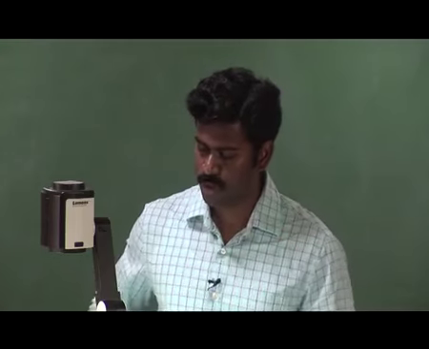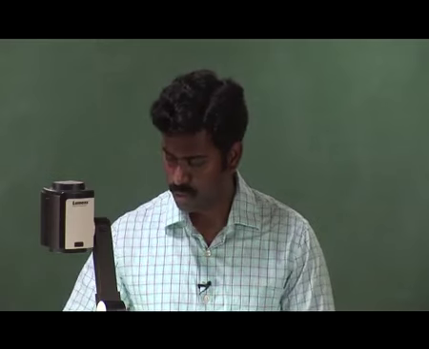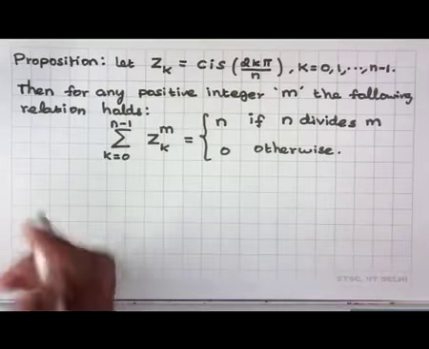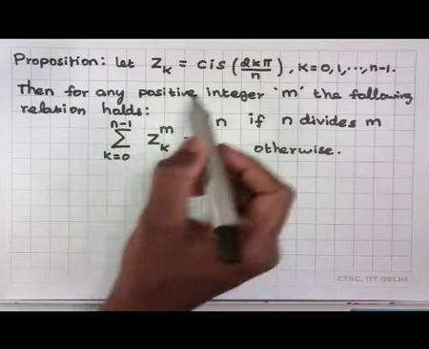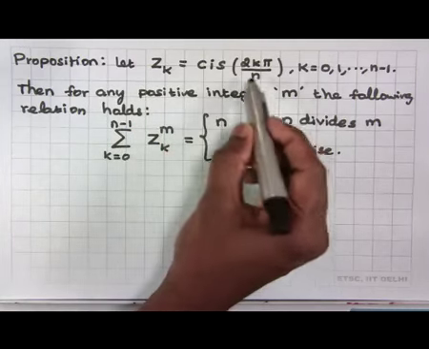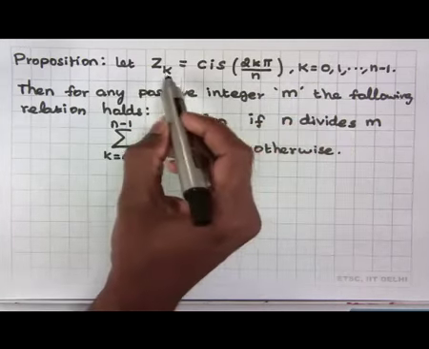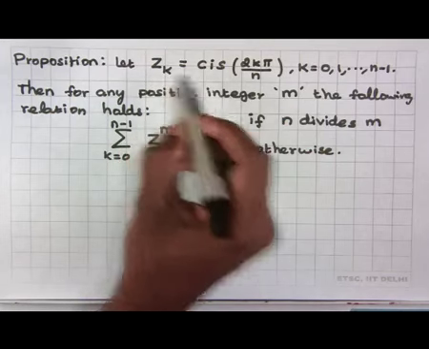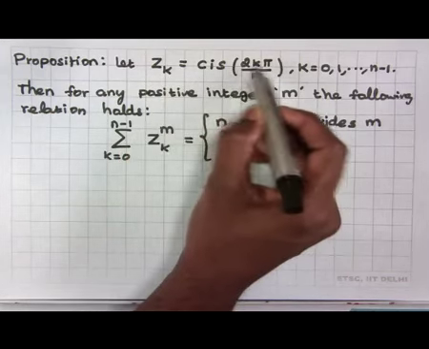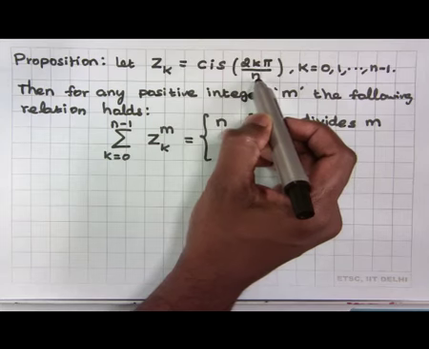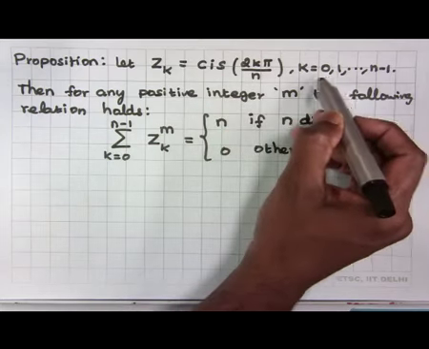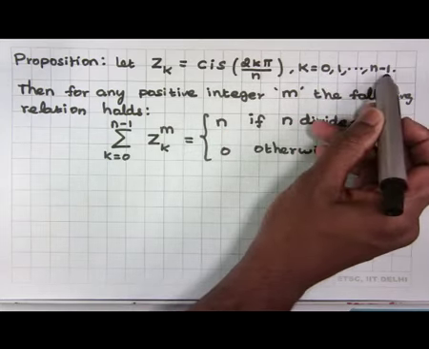Let us see a nice property for nth roots of unity. Consider the nth roots of unity which are written as zk given by cis 2k pi by n, where k is 0 to n minus 1.